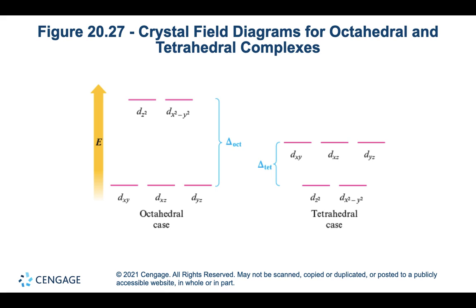So just to illustrate this, in an octahedral case, there's more splitting. In the tetrahedral case, it's actually inverted. dxy, dxz, and dyz, the T2Gs are higher, but not very much higher. It's a weak field case.